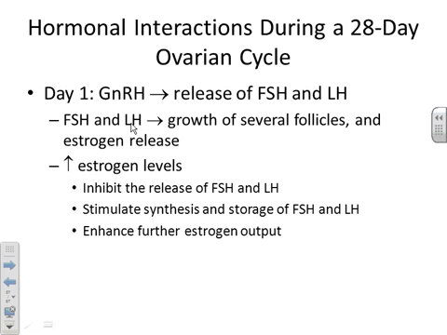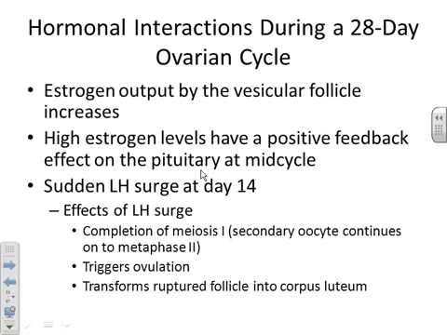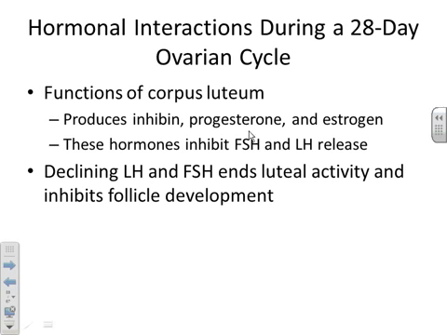Once you get a high enough level of FSH and LH, you get a high level of estrogen. That is the peak, the midpoint of the ovarian cycle, and ovulation is going to occur. Once ovulation occurs, you've had your surge of LH and FSH, and estrogen is at a very high point, then you're going to see the estrogen, LH, and FSH levels go down.